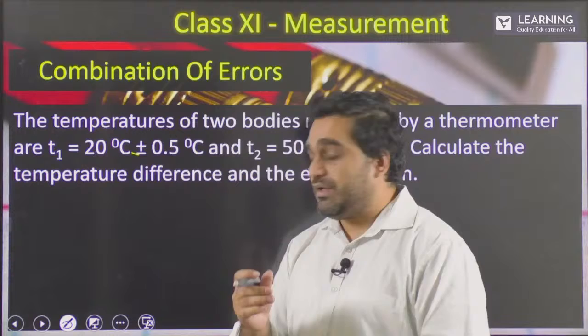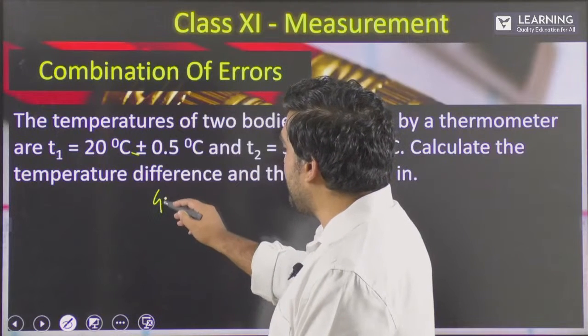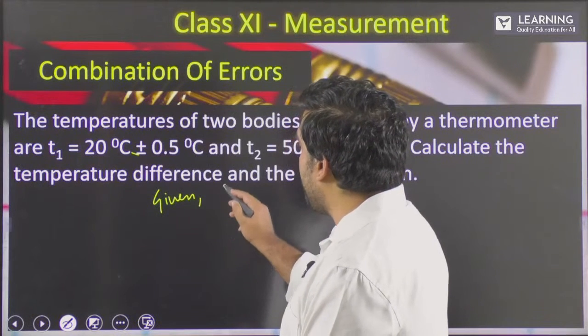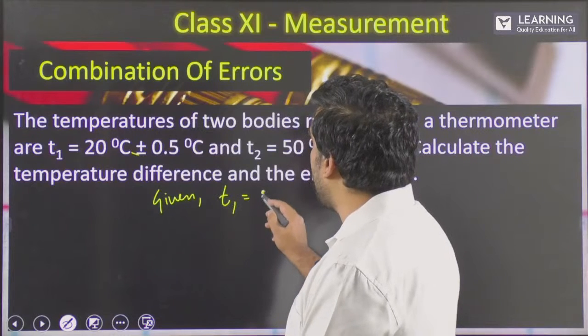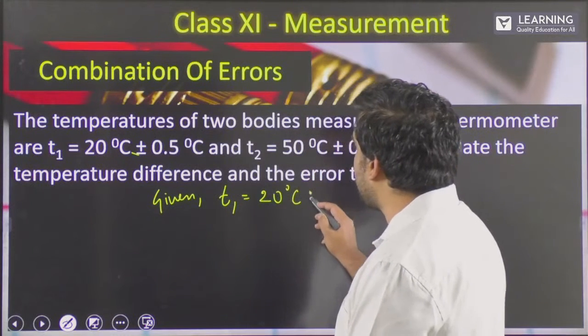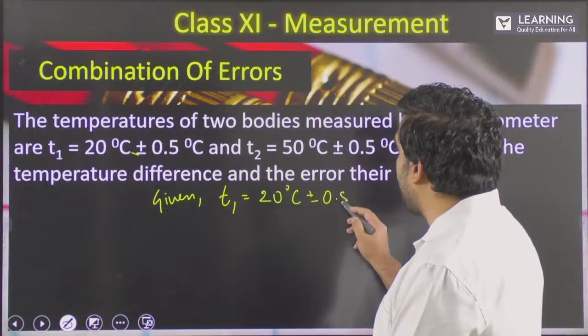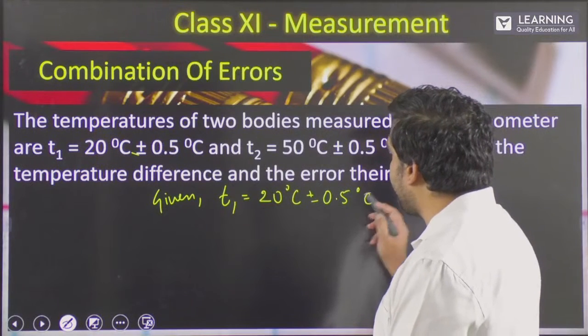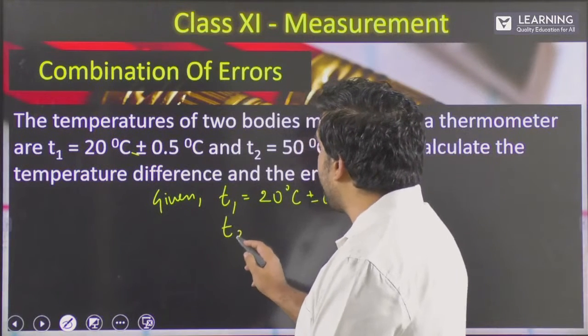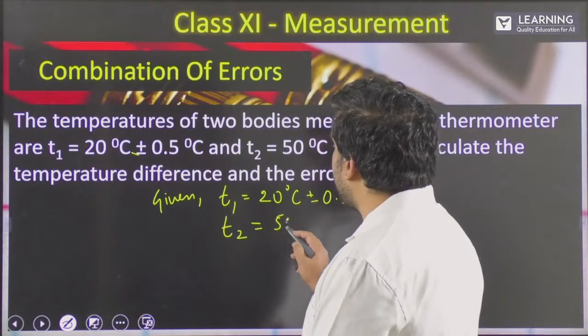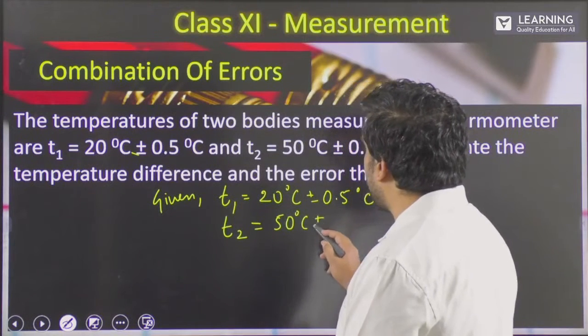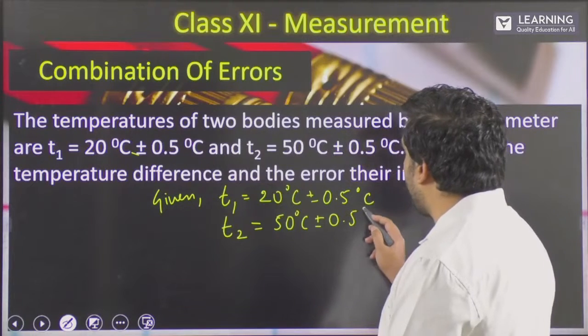Calculate the temperature difference. First, we will write the things that are given. Given temperature T1 is 20 degrees Celsius plus or minus 0.5 degrees Celsius. T2 is 50 degrees Celsius plus or minus 0.5 degrees Celsius.